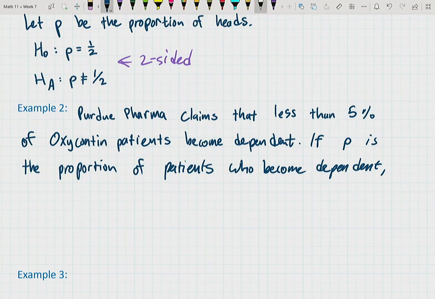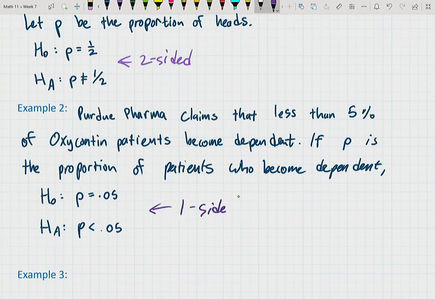So you could make your null hypothesis that it is 5% that become dependent, but the alternative, which is what Purdue claims, is that it's less than 5% that become dependent on the medication. So here we've got a one-sided hypothesis test.